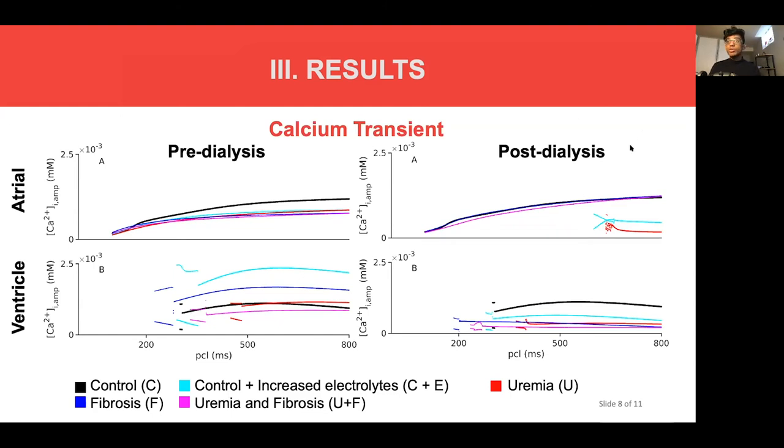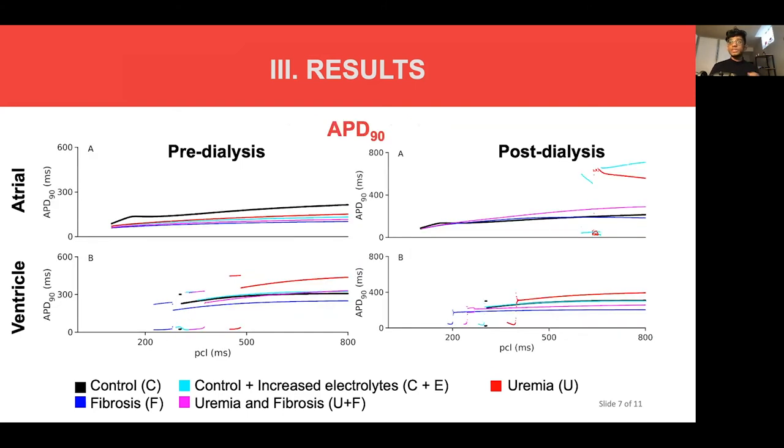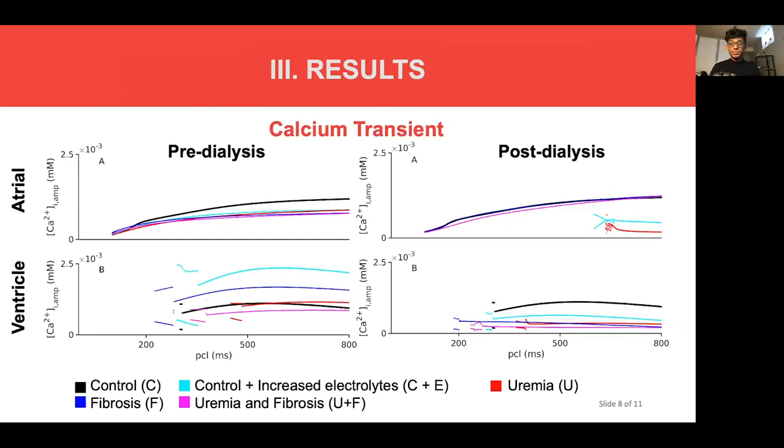Finally, at post-dialysis conditions, we see that calcium instability in the atrium has occurred in uremia as well as altered electrolytes. These are the same two cases where we saw alternans in the APD90 post-dialysis in the atrial cells. In the ventricle cell, all the amplitudes had decreased after dialysis, and the instability was suppressed to occur at lower PCLs compared to before dialysis.